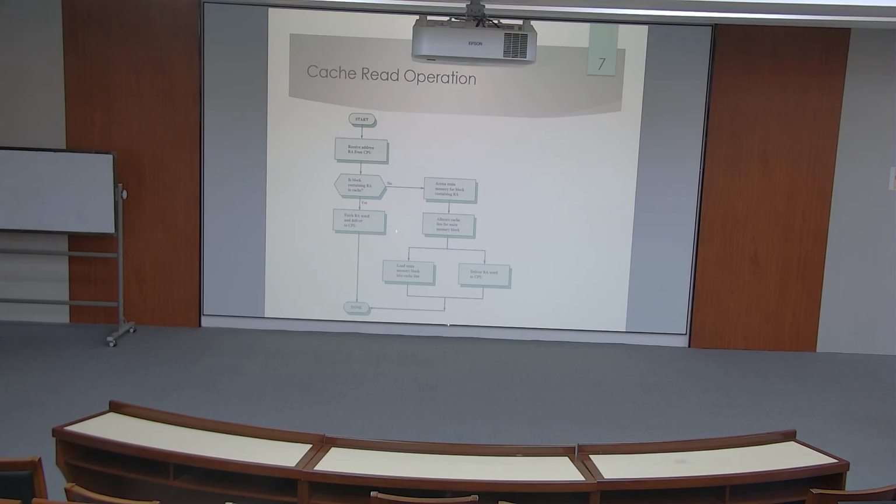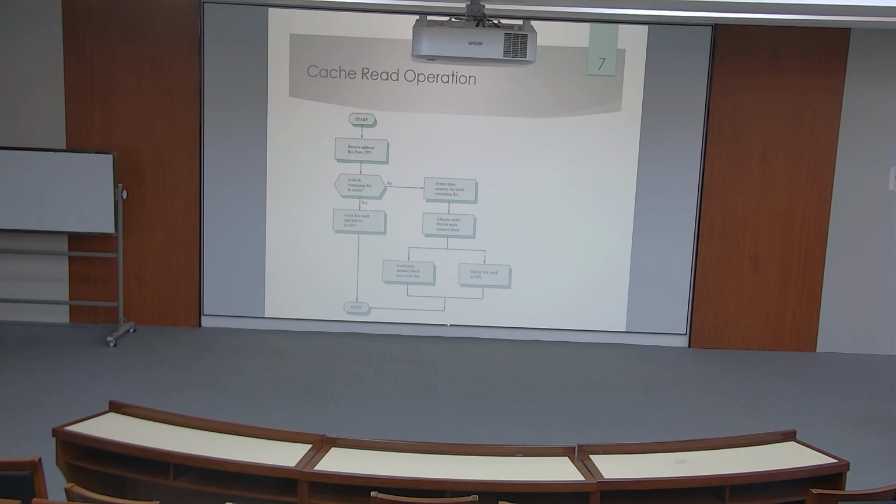So we need a cache line for the main memory block. Once we have the cache line, we need to load the main memory block into the cache line, to the upper level in the memory hierarchy. Then we can deliver the LA word to the CPU and the process is done.